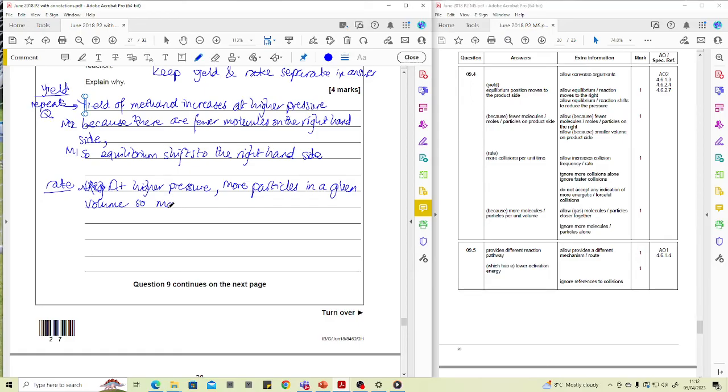So there are more frequent collisions. So the rate increases. That's it.